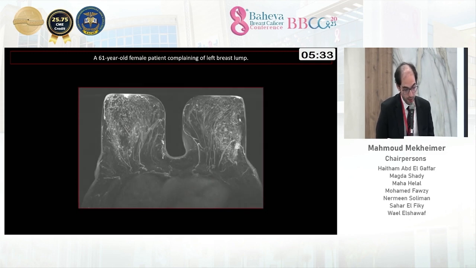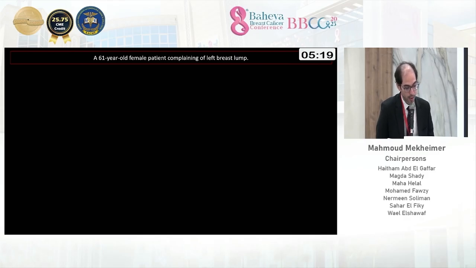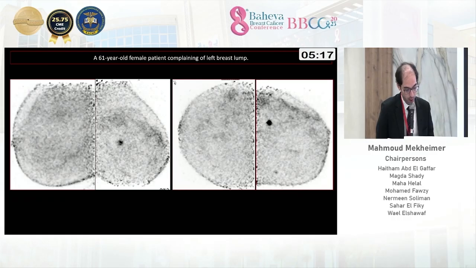MRI was done and revealed upper outer quadrant left breast heterogeneously enhancing mass lesion and also few surrounding enhancing foci, while in the right breast, few enhancing foci were detected as well. BEM was ordered to assess the nature of these enhancing foci and revealed left breast upper outer quadrant FDG avid malignant mass lesion with BOV max 8.1 and LTB 16.5.